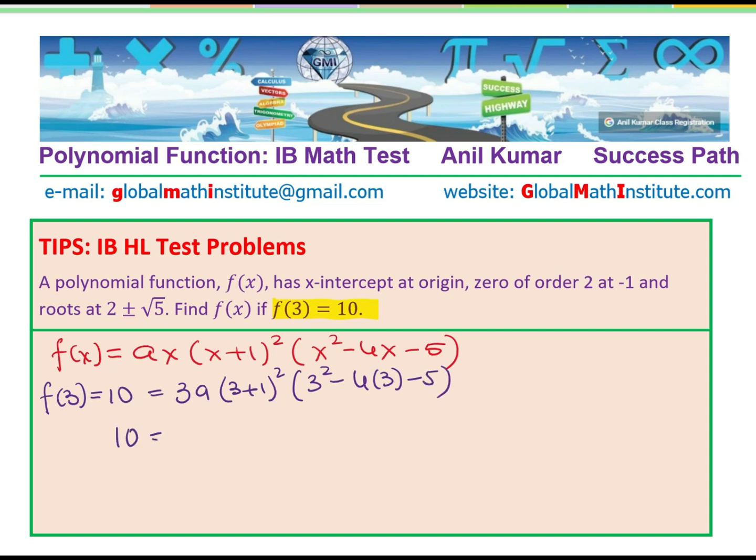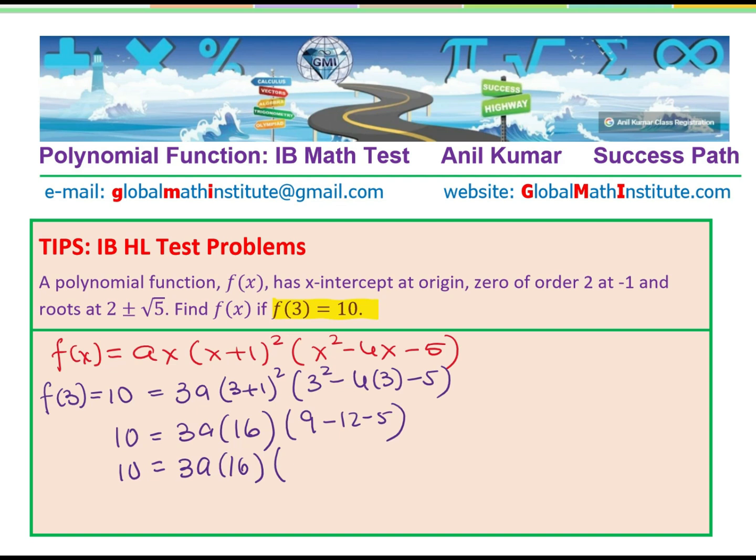So we have 10 equals 3a times 4 square, which is 16, times (9 minus 12 minus 5), right?